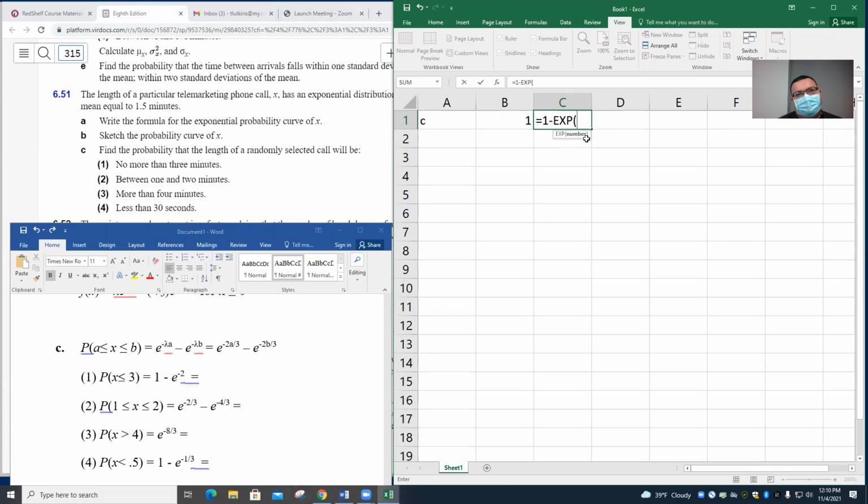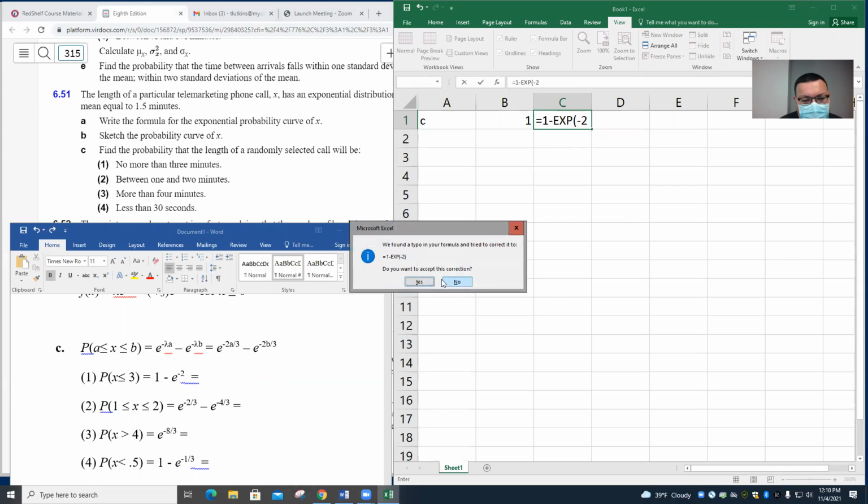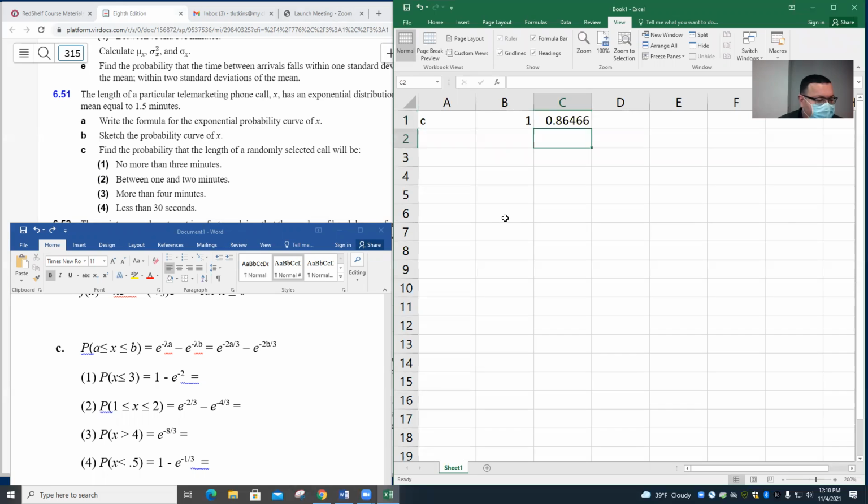It's not like other formulas where you have to have x, your mean and standard deviation, and then figure out if it's true or false. Our first one has an exponent of -2, so I'm just going to do -2 and then enter. And I got 0.86467, or rounding it up, 0.8647.